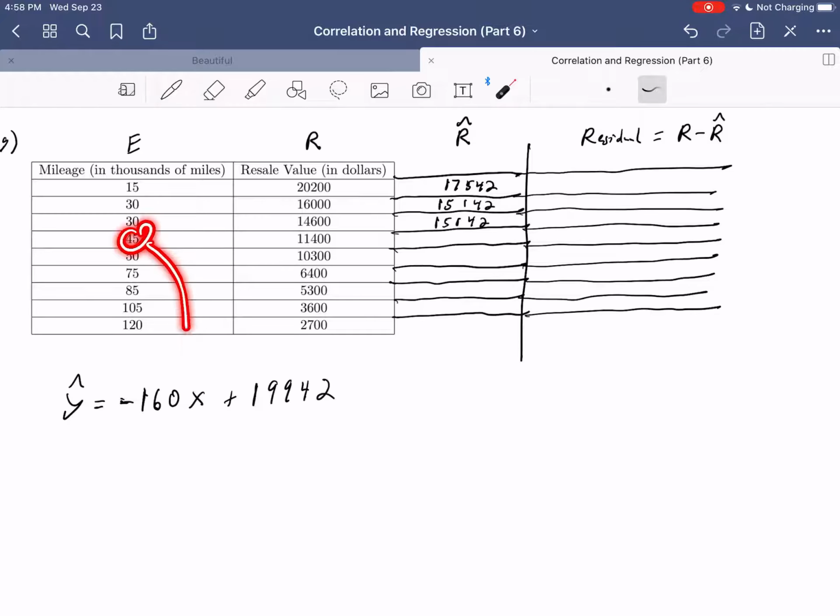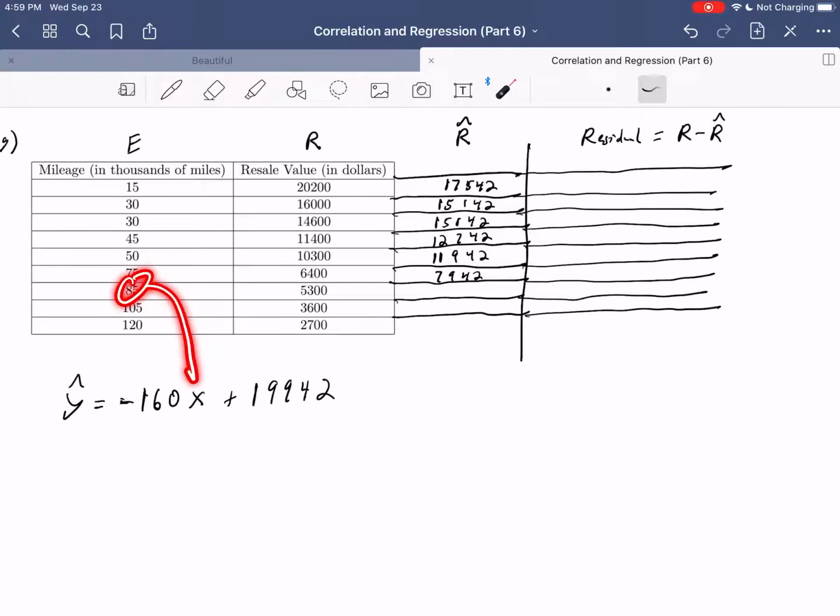Next one is going to be plugging in 45, so negative 160 times 45 plus 19942, which should give us 12,742. Then we'll plug in the 50, so negative 160 times 50 plus 19942, which should give us 11,942. Then we plug in the 75, so negative 160 times 75 plus 19942. That should give us 7,942.